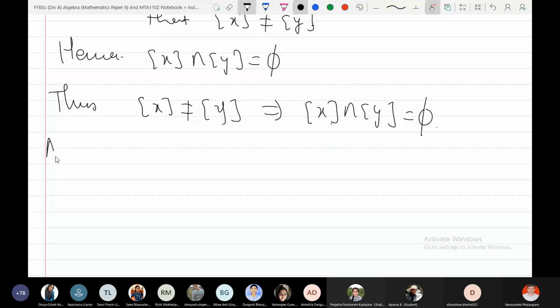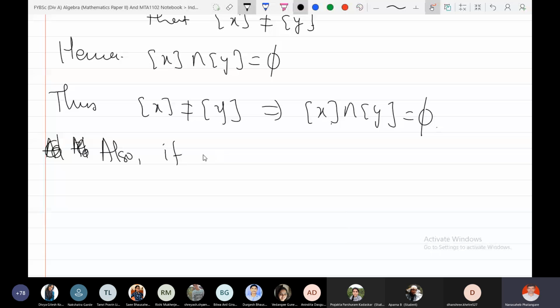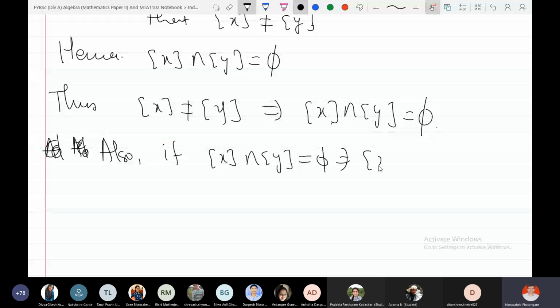Alternatively, also if two classes are disjoint, what does disjoint mean?